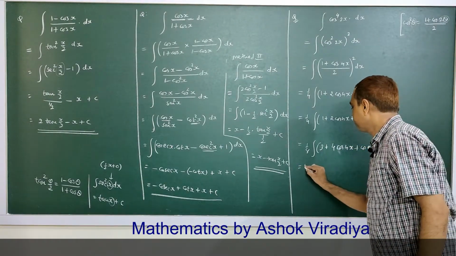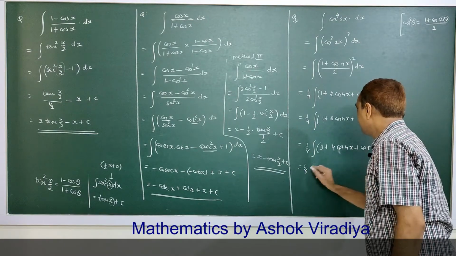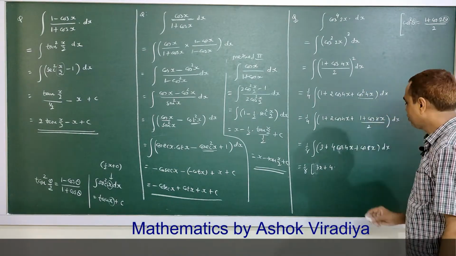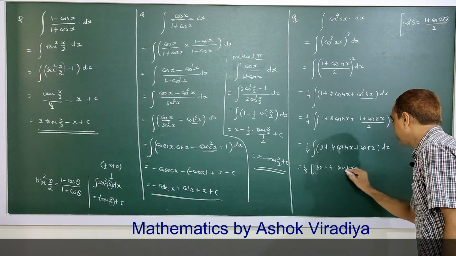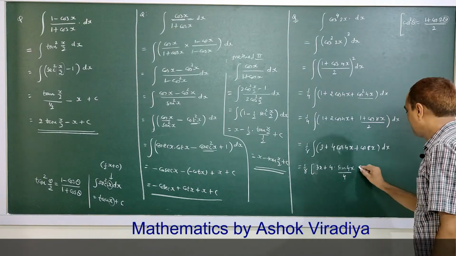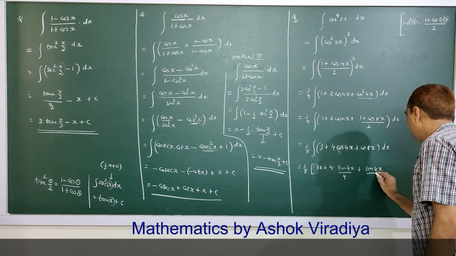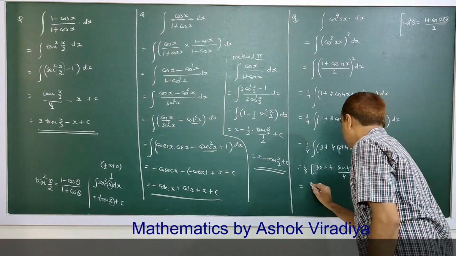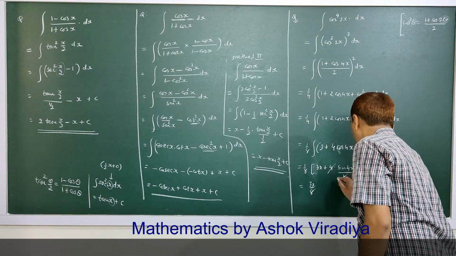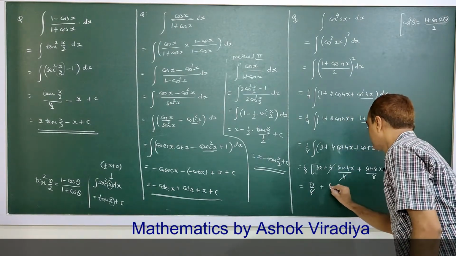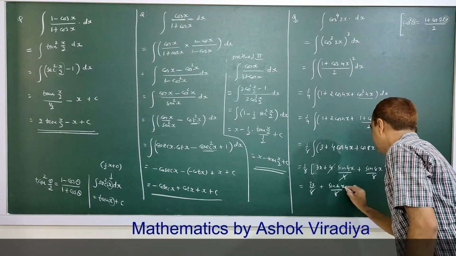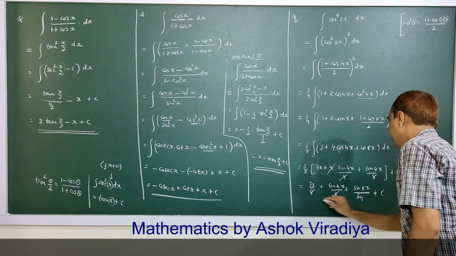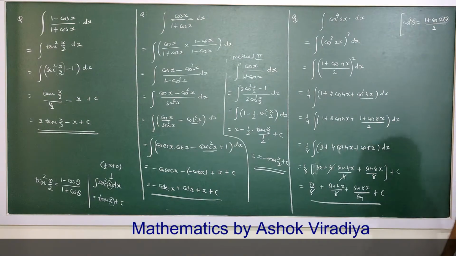So it is equal to 1 by 8 times integral of 3 is 3x, plus 4 into integral of cos 4x is sin 4x by 4, plus sin 8x by 8, plus c. So this is 3x by 8, this 4 cancels, plus sin 4x by 8 plus sin 8x by 64 plus c. This is the required integral.